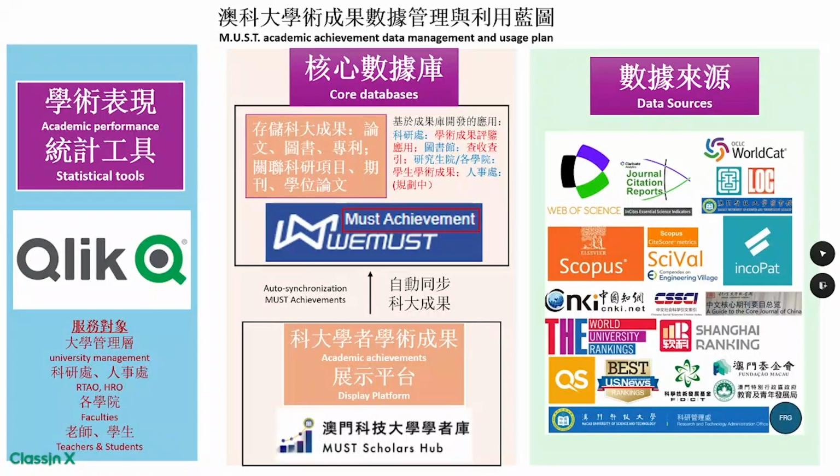And then we have, of course, a lot of other sources of information that we use. Our core databases are Scholar Hub, MUST Achievements, and now the Student Achievements Database. And then we have QLeak, which you cannot access yet, but your professors and faculty members can, which we use to take all this data and provide us some statistics.